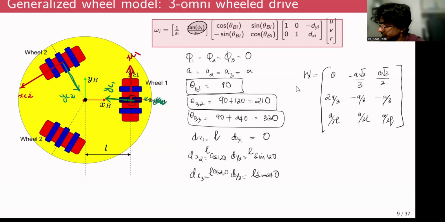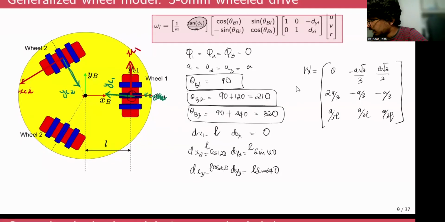All right. As you can see, there is at least one non-zero element in all of these rows. So just like in that mechanism wheel, this configuration can also move in a wide variety of ways.